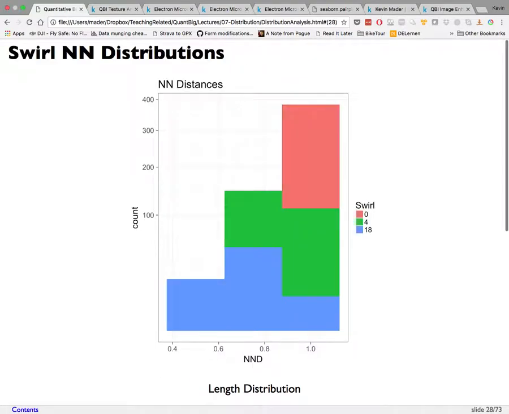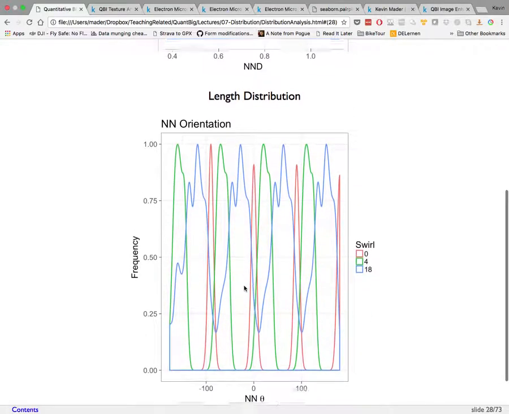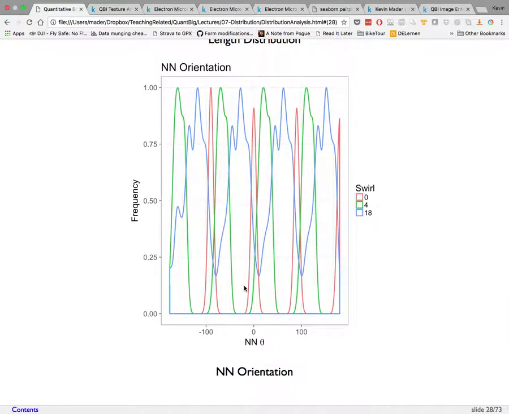And so when you look for the statistics of this, you see with your 0 swirl system, you had everything in one peak. So everything was at 1.0. And as you start to swirl it more and more, this gets broader and broader and shifts down. You then see that the orientations change as well.